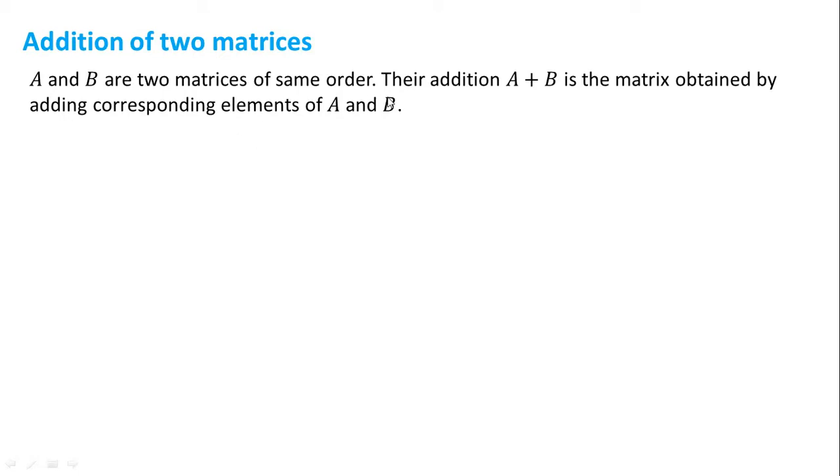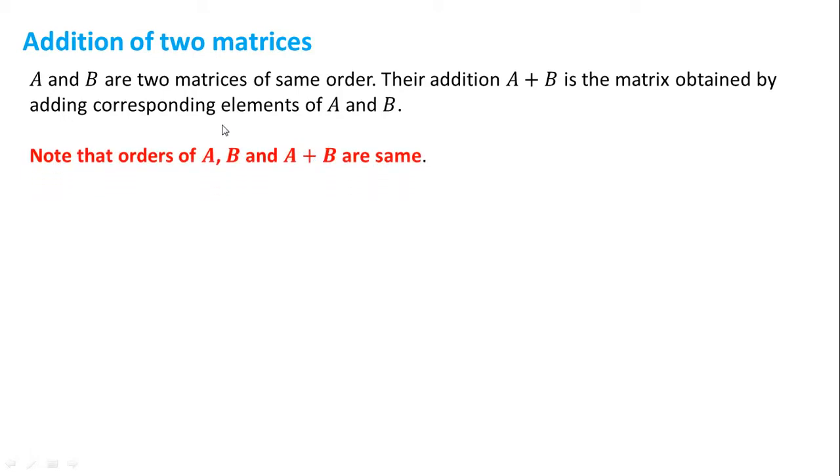Then their addition A plus B is the matrix obtained by adding corresponding elements of A and B. So addition is also a matrix, obtained by element-wise addition, very simple.